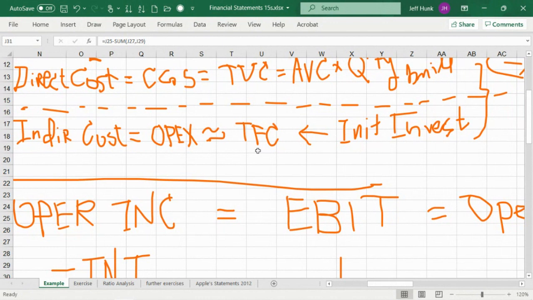Remember, if this is a computer manufacturing, we need at least $10 million for the plant and equipment, right? The investment in plant and equipment must be made already at time 0. Isn't that right?